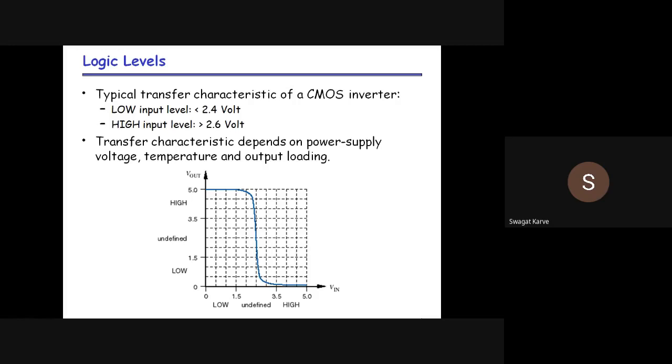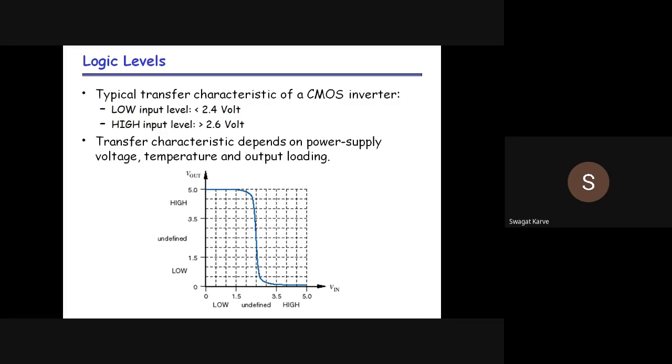Any value between 4.5 and 5 can be considered as a logic 1, and any value between 0 and 1.5 will be treated as a logic 0. Okay, so these typical logic levels are a major electrical characteristic when you are going to design some CMOS logic or a complex CMOS digital design.